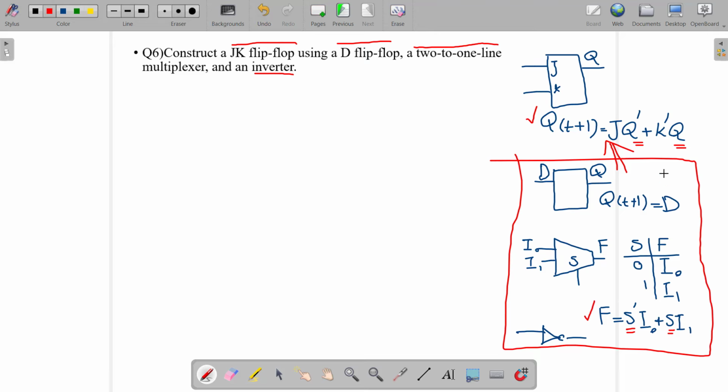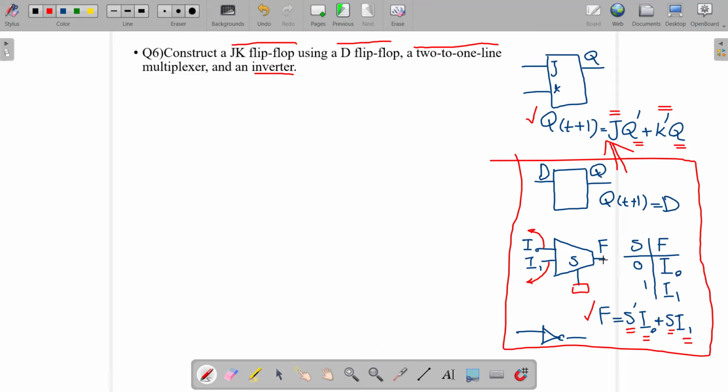And also I0 acts like J and I1 acts like K'. So it means that if we connect I0 to J, I1 to K', and connect S to Q, we can produce this JK flip-flop.